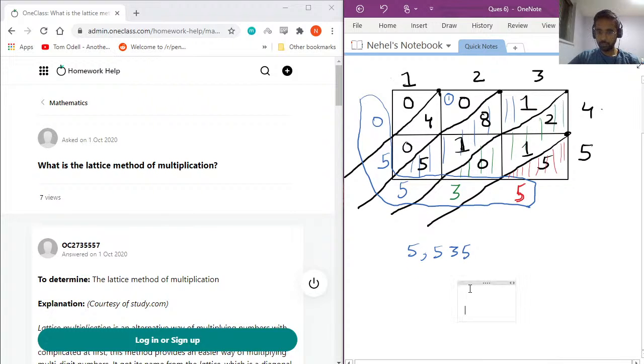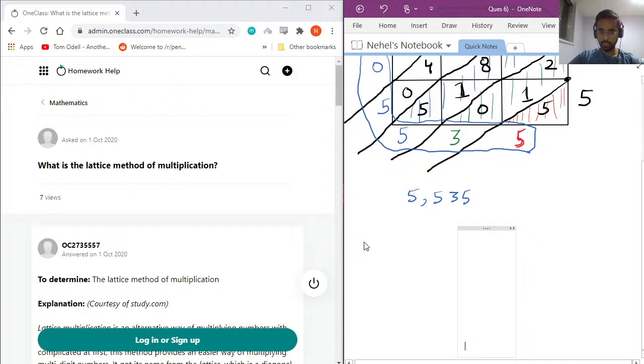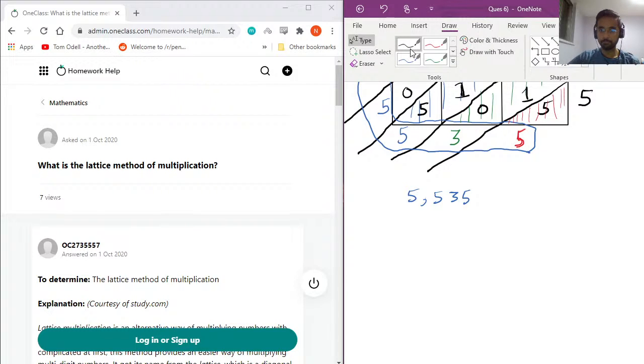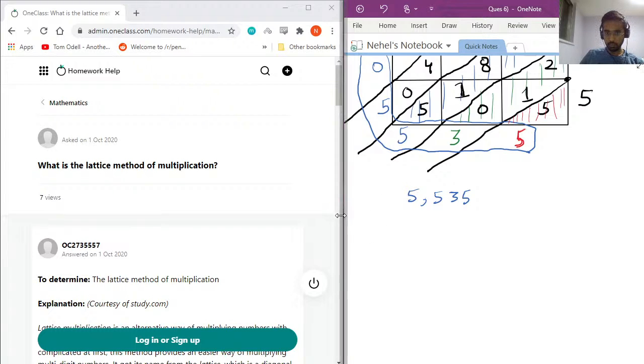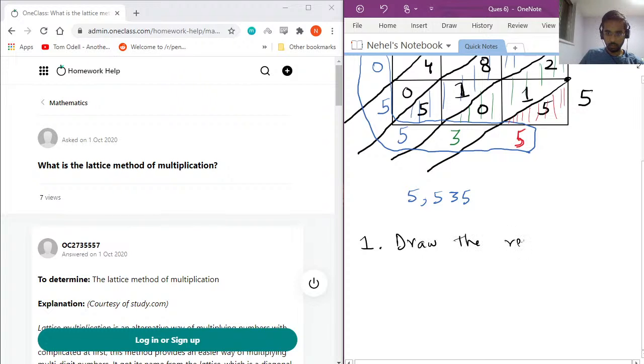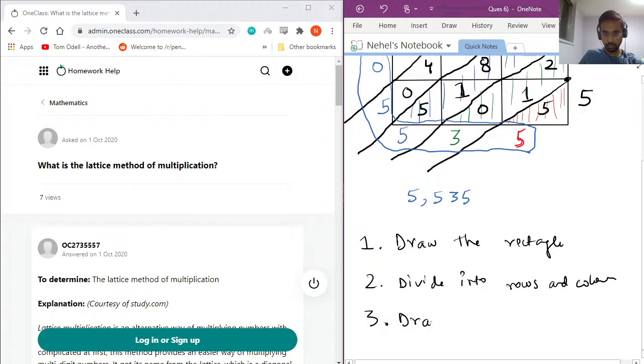So if I were to just recap the steps here very quickly. Step 1 would be draw the rectangle. Two would be to divide into rows and columns. Number 3 would be to draw the diagonals.